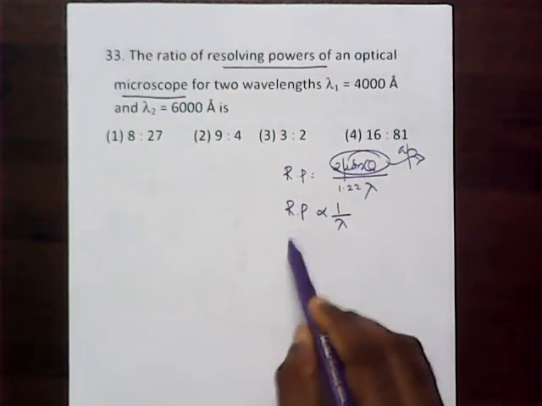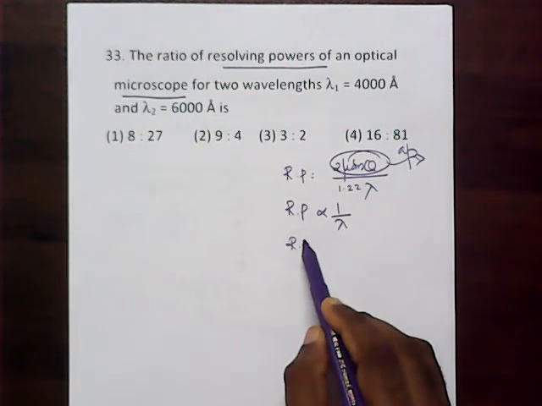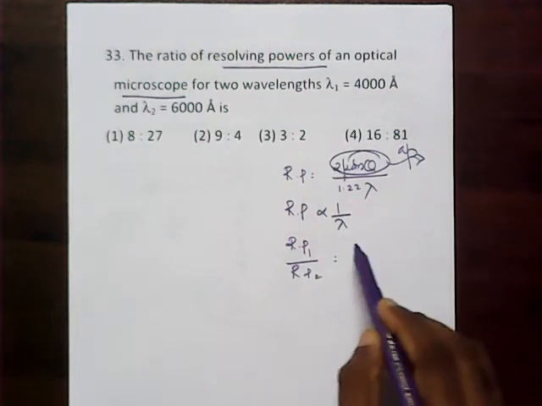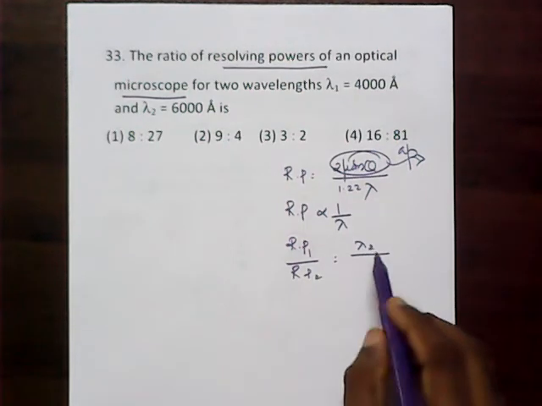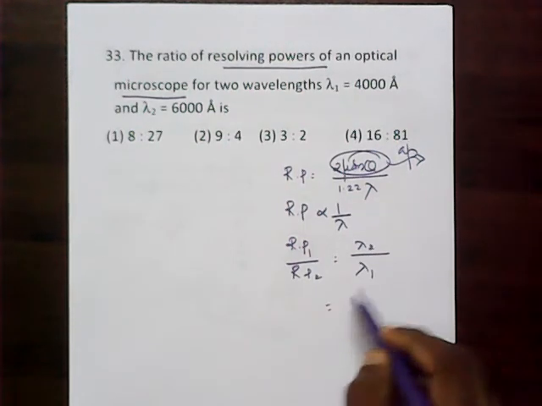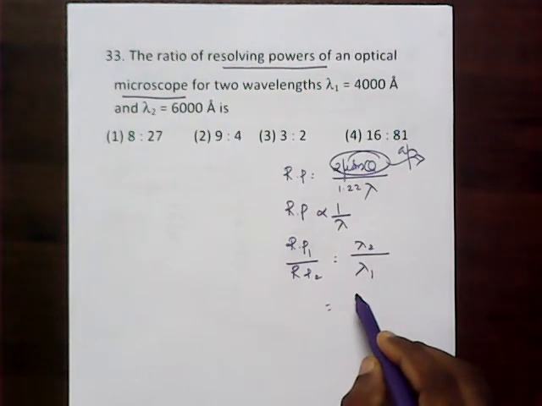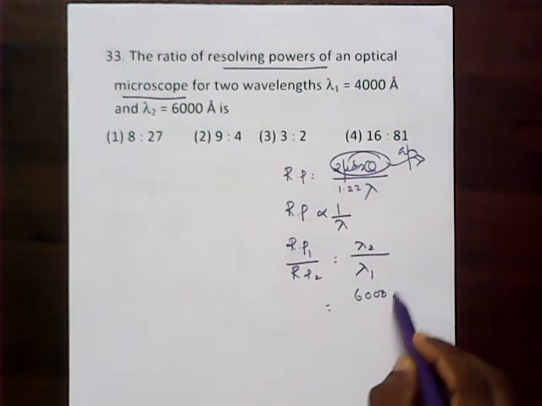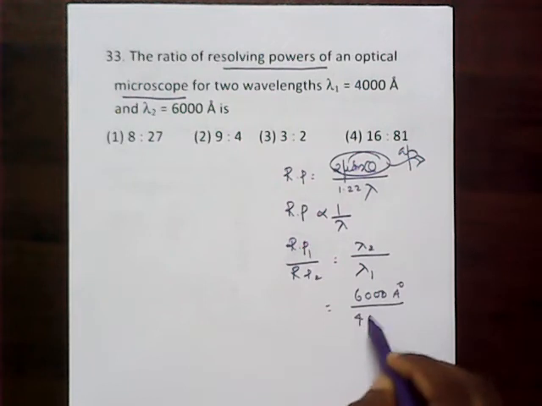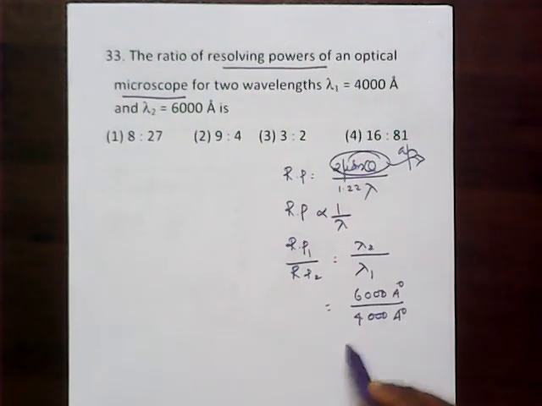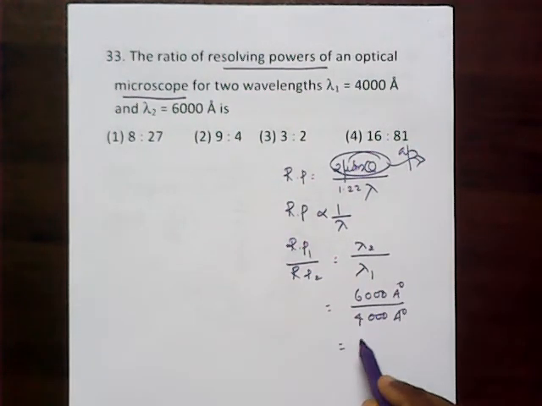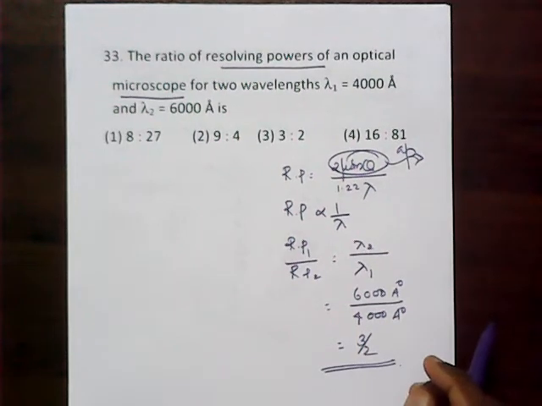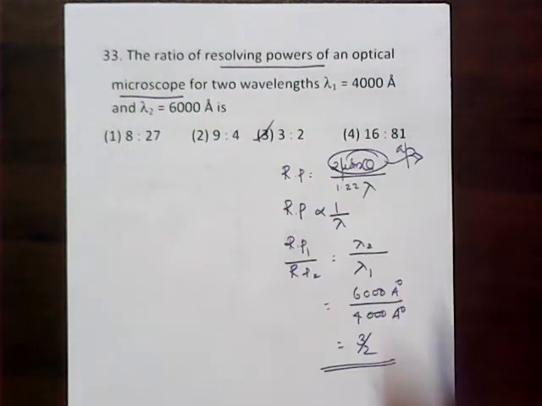For the two cases, the resolving powers R1 by R2 is equal to lambda 2 divided by lambda 1. So that is equal to 6,000 Angstrom by 4,000 Angstrom, which is 3 by 2. So we get the answer as 3.